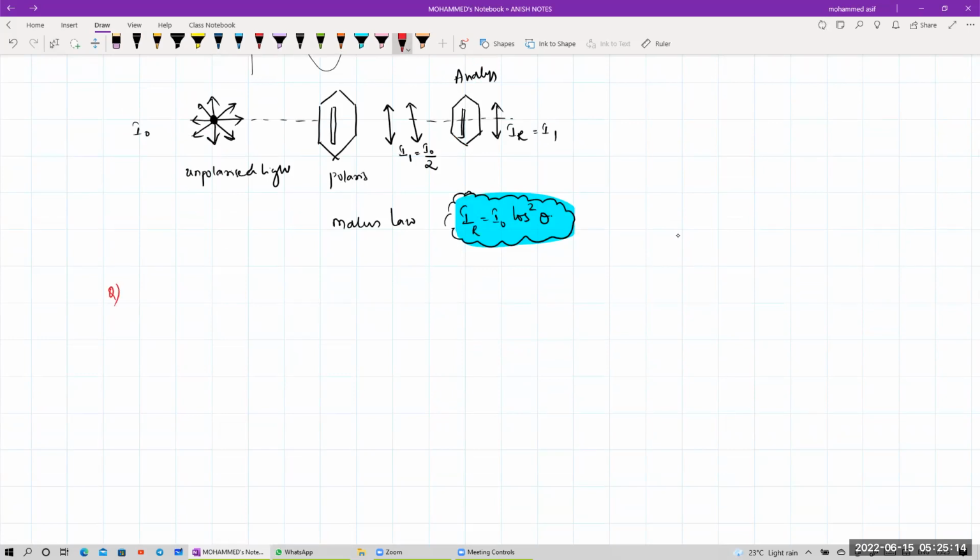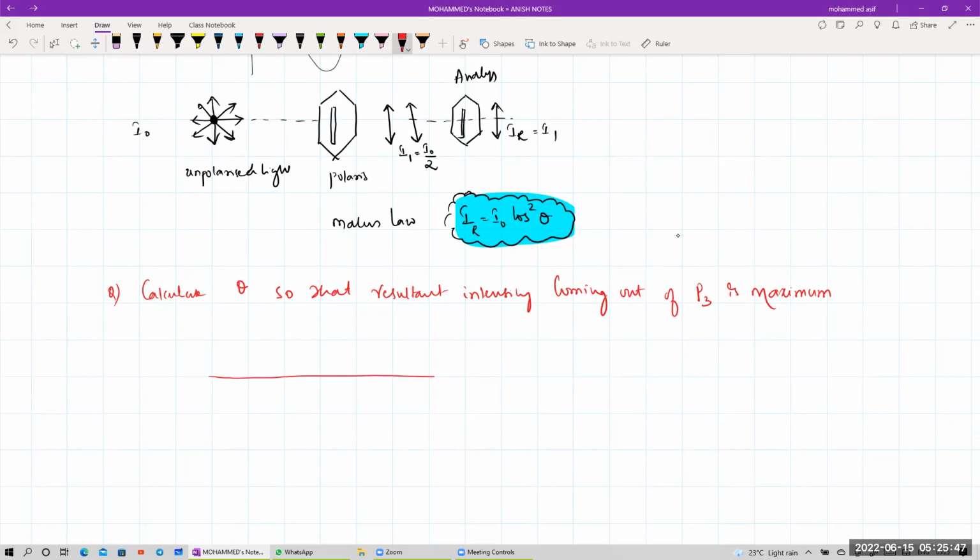Let's say, for example, if I say that calculate theta so that the resultant intensity coming out of P3 is maximum. Let's say this is a question for me.